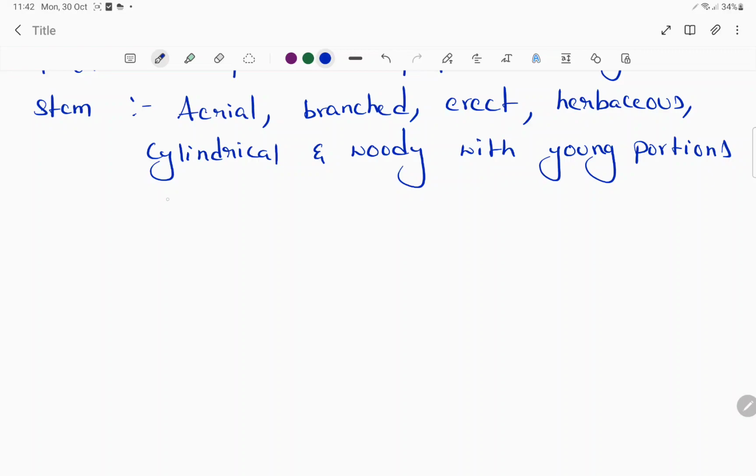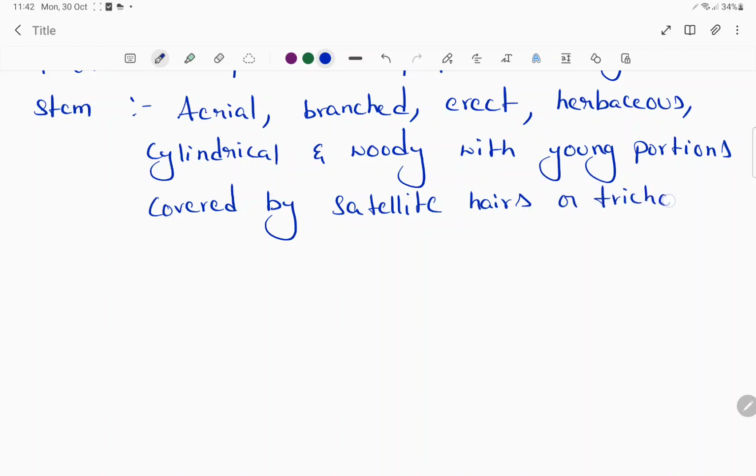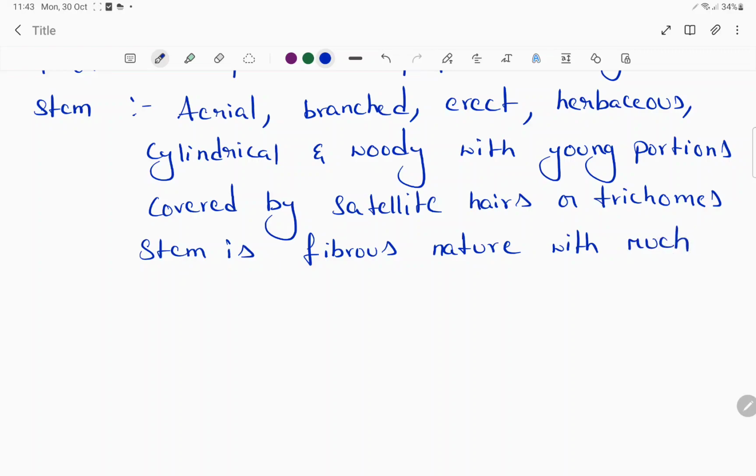The stem is covered by stellate hairs or trichomes. The stem is fibrous in nature with mucilaginous sap.